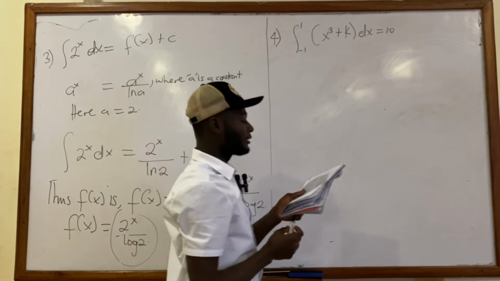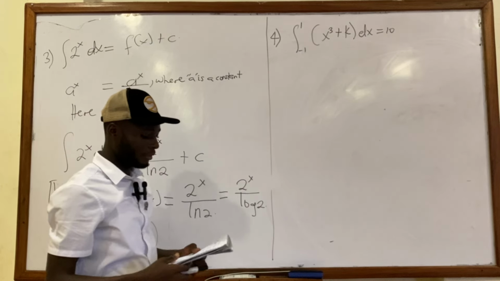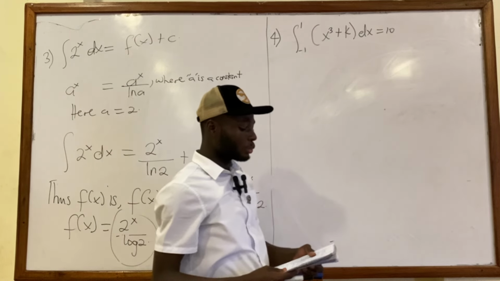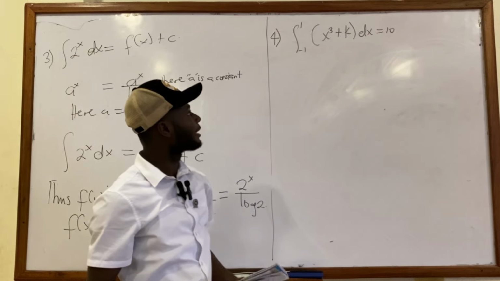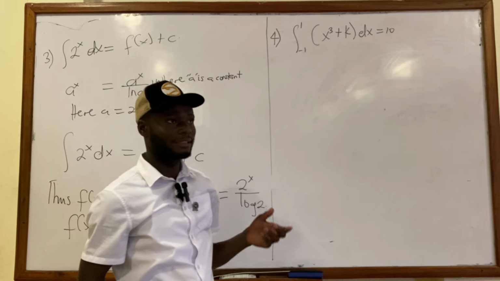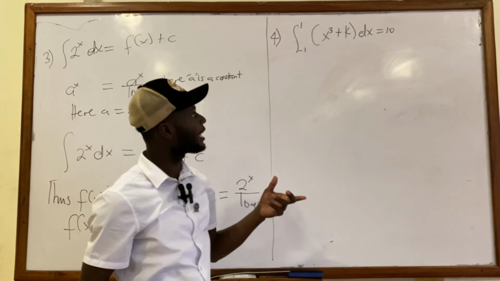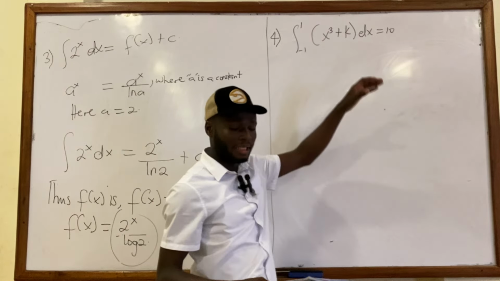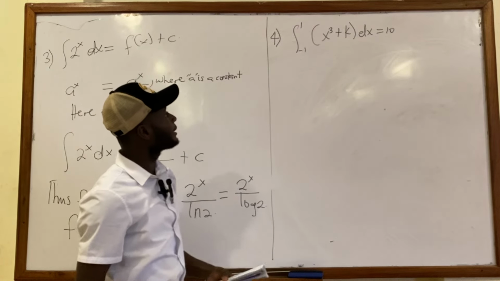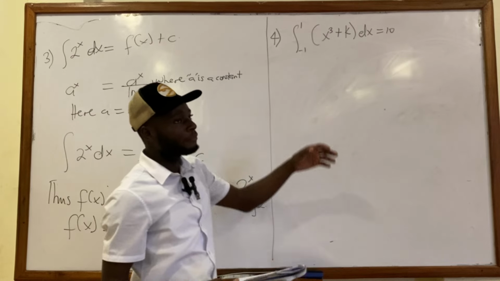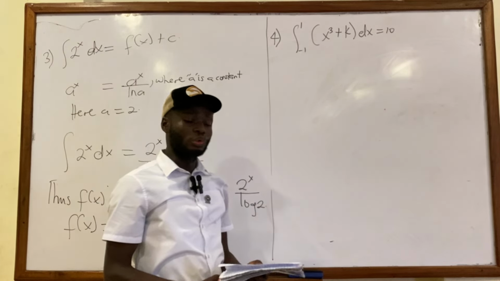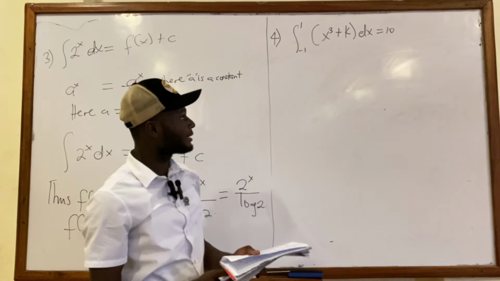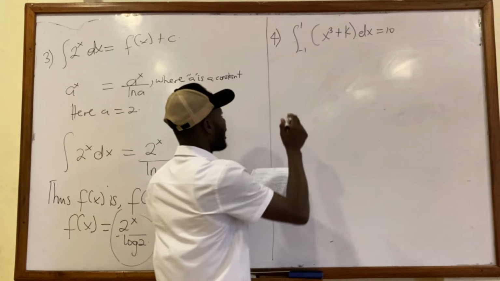We are given this particular problem, and we are to simplify this integrand. This is a definite integral, and we have to simplify it and find the value of k. So we can split the integral into 2 parts.